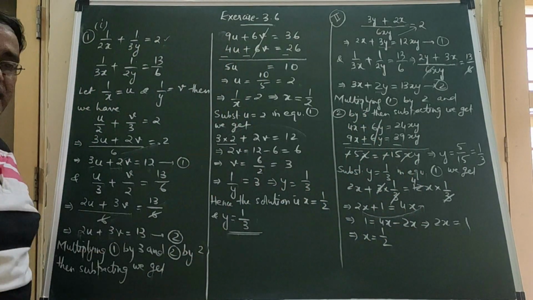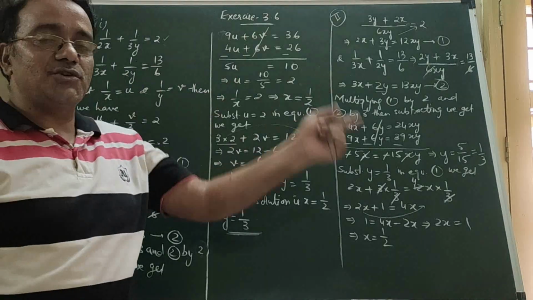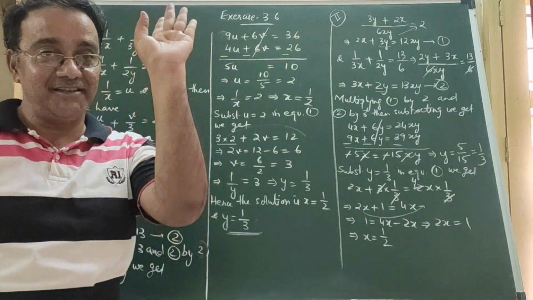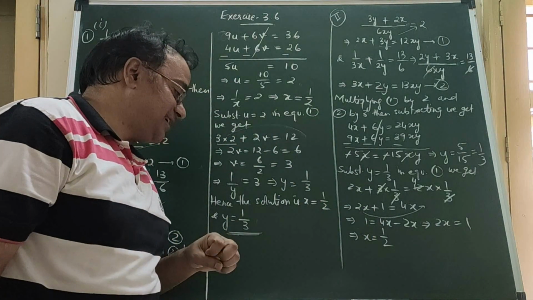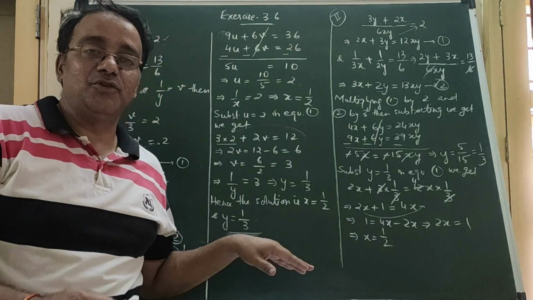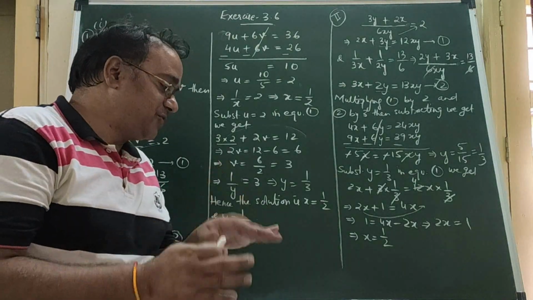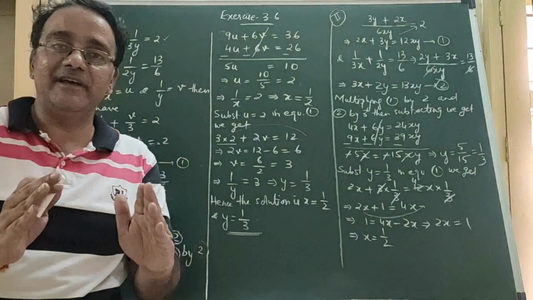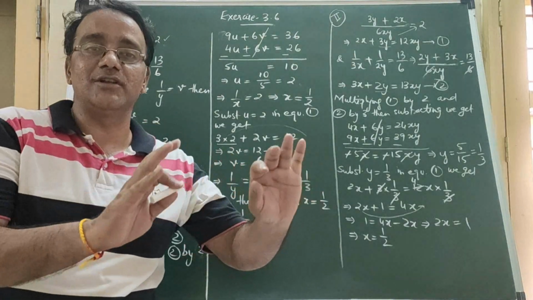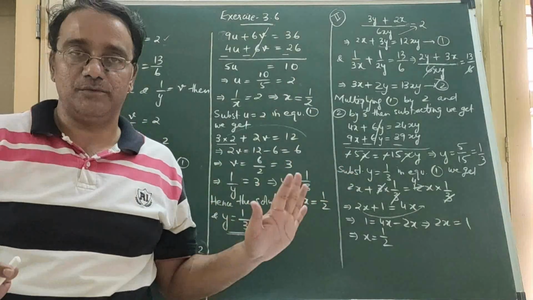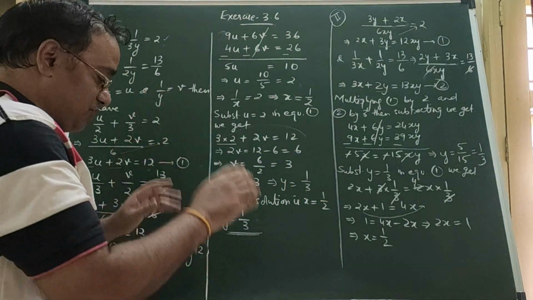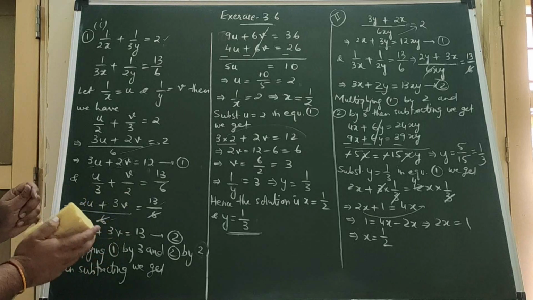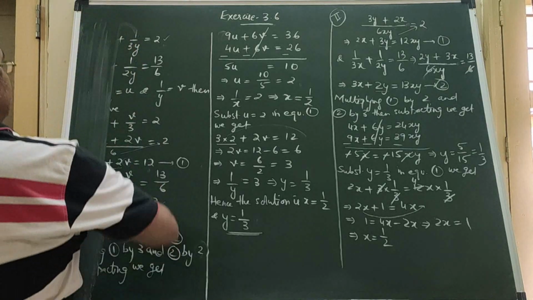So same answer we are getting. So in this way also you can solve, but the condition is the question should not mention that you have to solve the equation by reducing them to a pair of linear equations. Okay, अगर question में simply it is given that solve the equation, so you can follow this method also. Okay, so this is the first question.